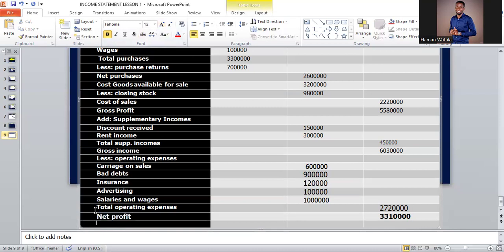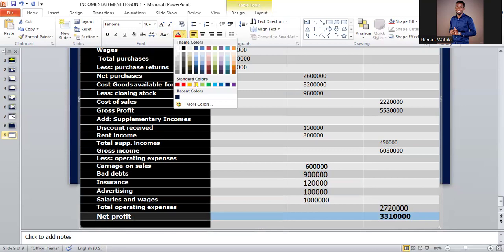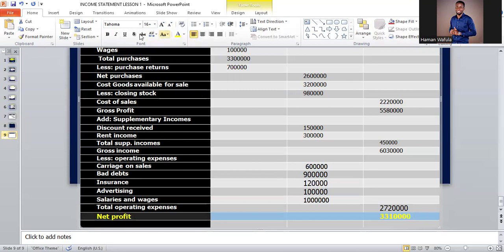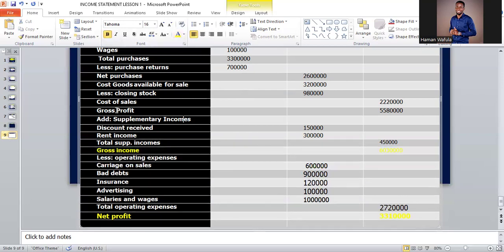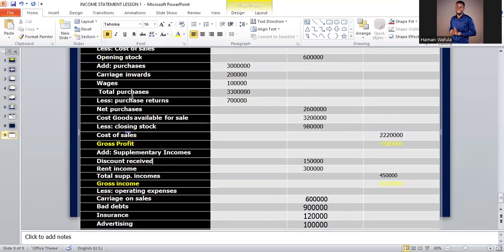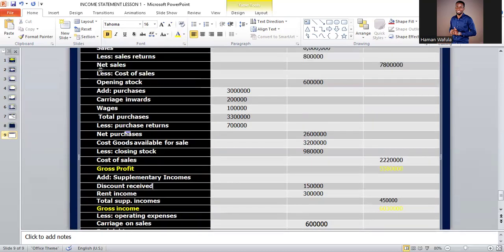So finally, our statement is done. So I can just change the color of this. I can also give it a highlight. This is gross income. I can also give it another color. Gross profit can also have another color like that. But you can identify these key things. Cost of sales.